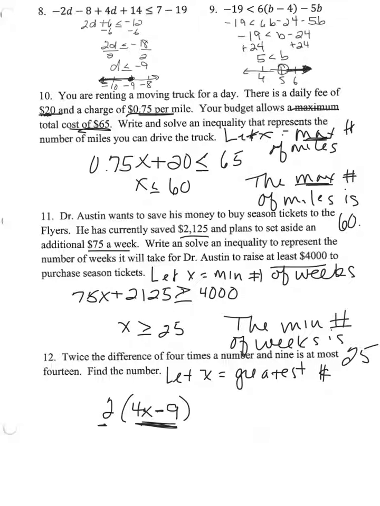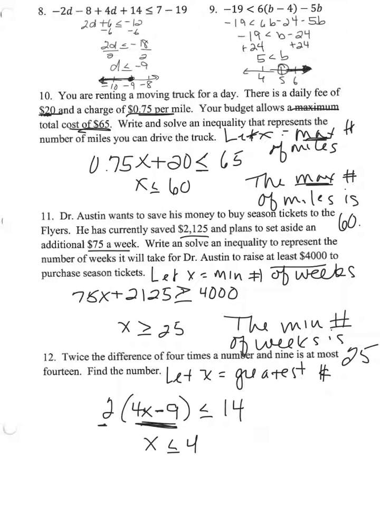It's going to be the distributive property. And then it says is at most 14. So there's 14. That's my number. At most 14. I ask myself, can it be 14? Yes. But can it be more than that? No. So it's less than or equal to 14. You solve the problem. You'll get x is less than or equal to 4.